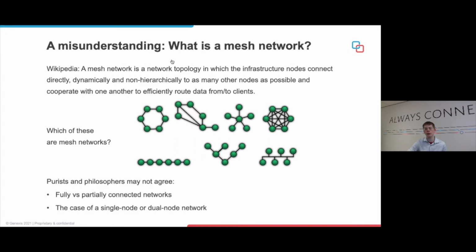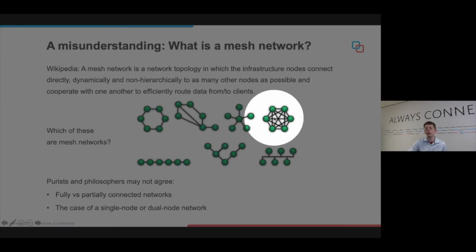And in fact, if you're a purist or a philosopher, you may not agree on what we see here, even based on that definition. Because, for example, if we look at this one over here, this is clearly a mesh network because it's fully connected, it has 6 nodes, and all the nodes are connected to all the other nodes. I guess technically we don't know if it's dynamic or not, but this is a pretty clear picture. I think everybody would agree this is a mesh network.